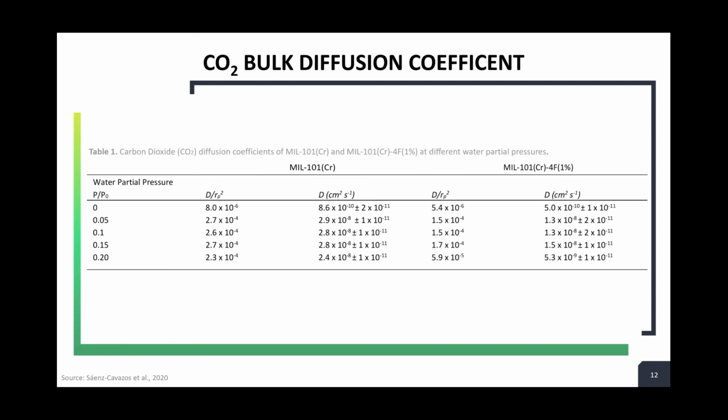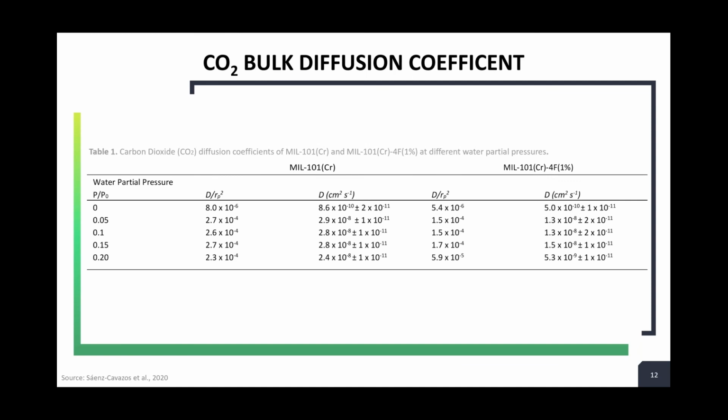This phenomenon is clearly observed with the diffusion coefficient values increasing by 2 orders of magnitude for both materials. And then for partial pressures between 0.05 and 0.15, the diffusion coefficients of the 2 materials remain almost unchanged, while for high water partial pressures, so at 0.2, the diffusion coefficient drops.